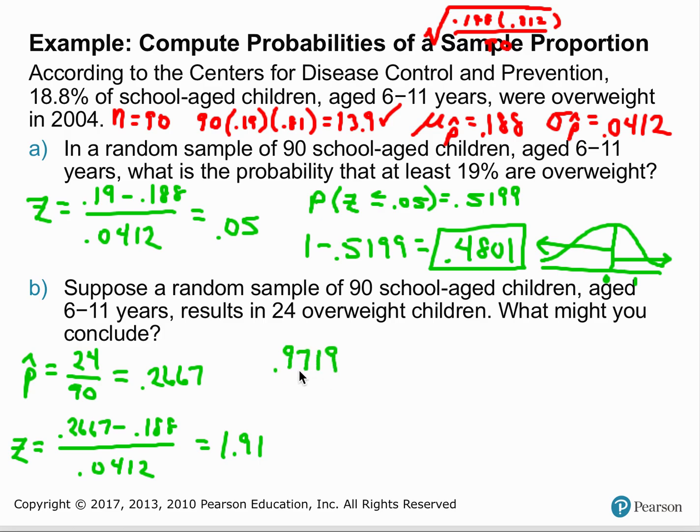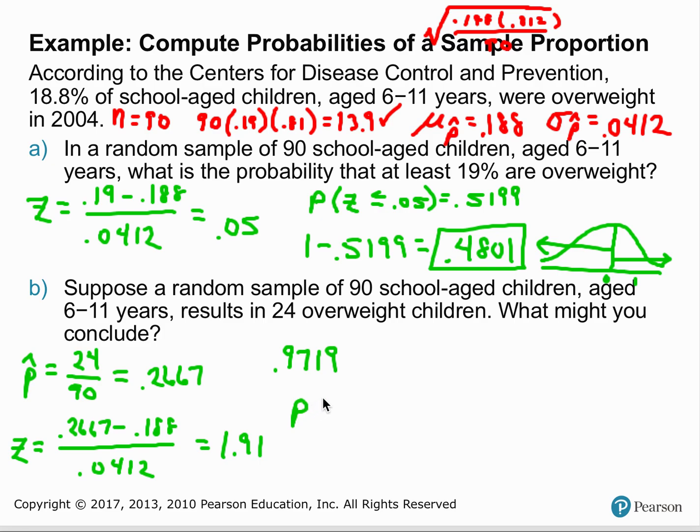Okay, but let's see if that's our probability or we need to use the complement, right? So, suppose a random sample results in 24 overweight children. Okay, so this is the probability that less than 24 are overweight, right? So we want to know 24 or more, technically.